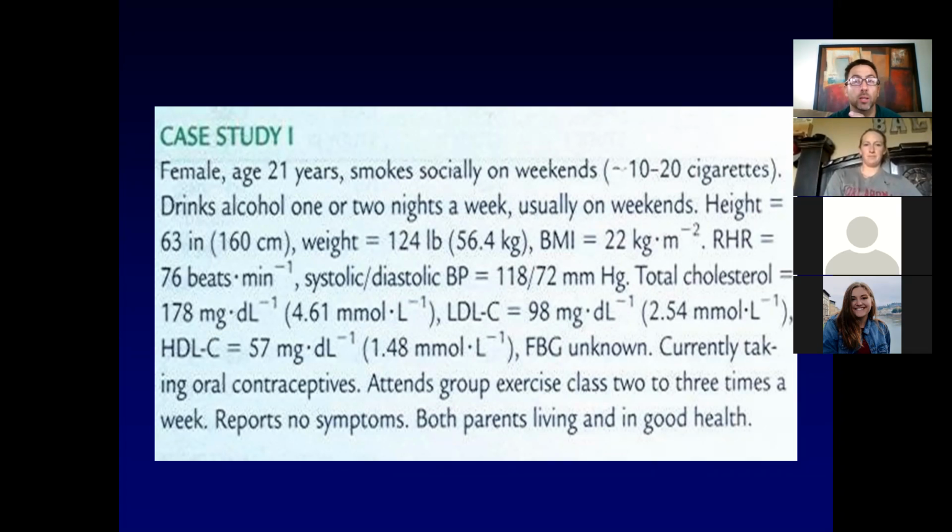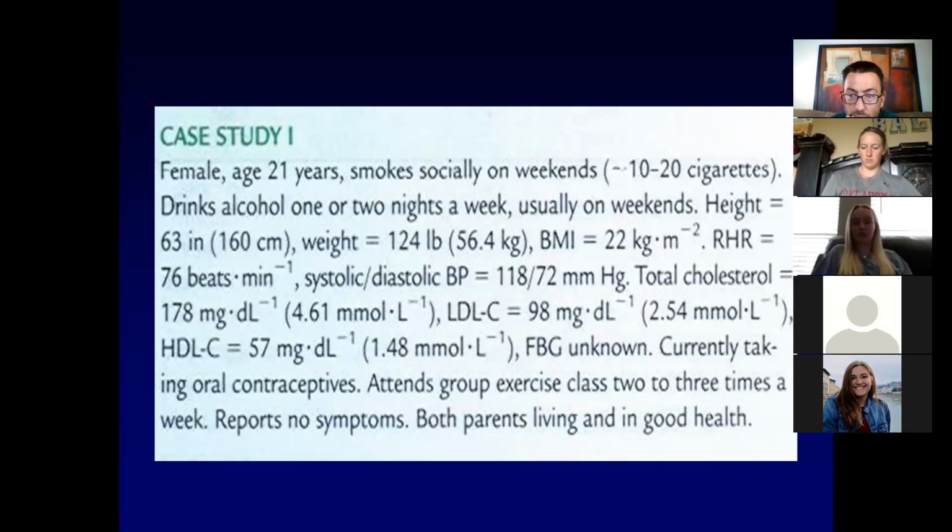The third one is, is she sedentary or not? You guys remember, what's our definition of being sedentary? 30 minutes a day, 3 days a week for the last 3 months. 30 minutes a day, 3 days per week, okay? And it's moderate intensity activity, 30 minutes per day. So what do we think?